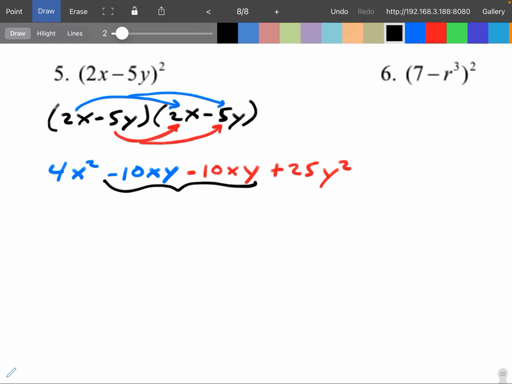And then same thing as before, you're going to add these two terms in the middle. So what's negative 10xy's take away 10 more xy's? Good. Lucas, that was good. So negative 20xy in the middle. We bring down the 25y squared.